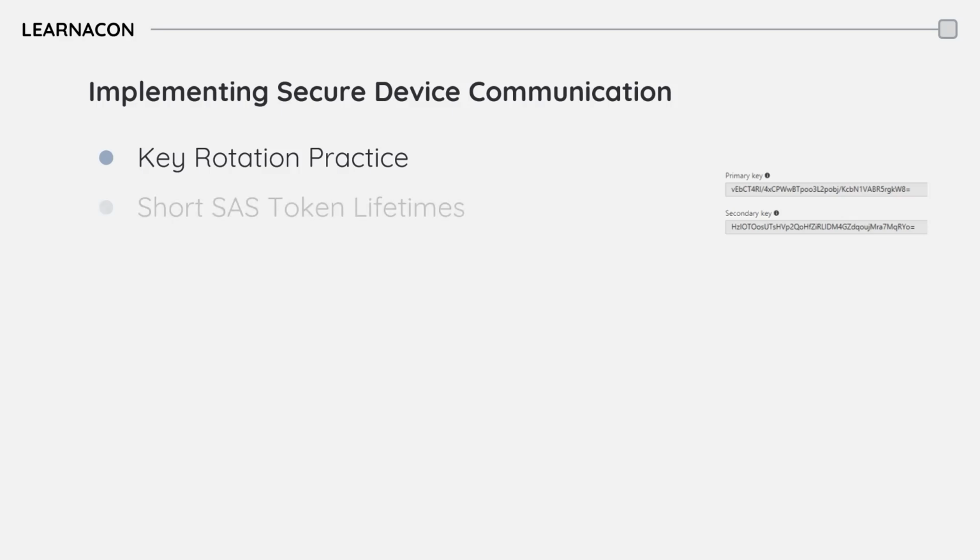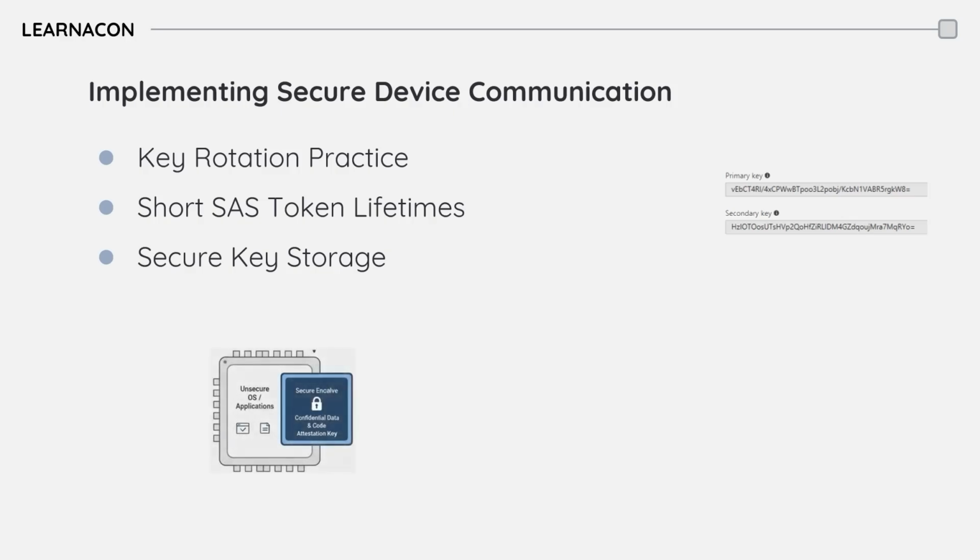SAS token lifetimes should be kept short to minimize the risk of token misuse. Devices should store symmetric keys securely, preferably in a secure enclave or trusted platform module, which is called TPM. A secure enclave is a protected area of the device processor that isolates sensitive data and operations from the rest of the system.